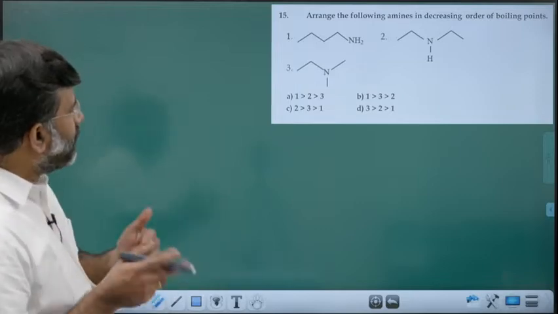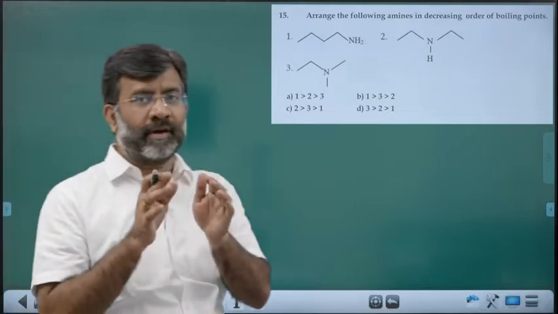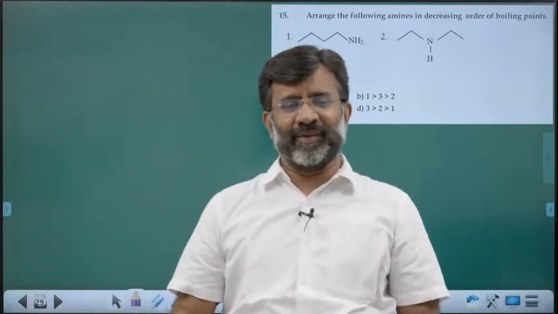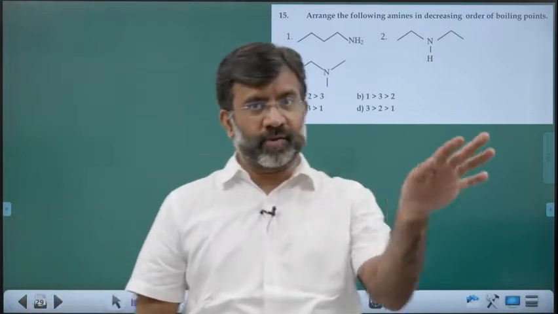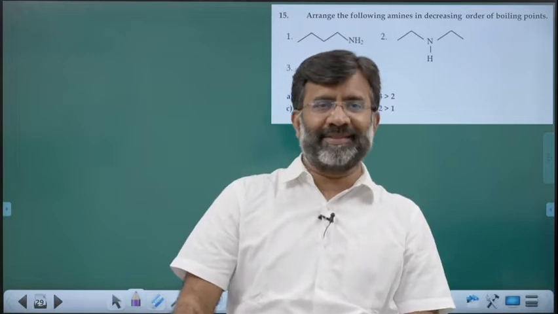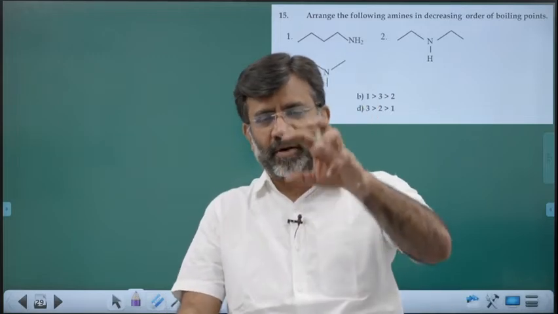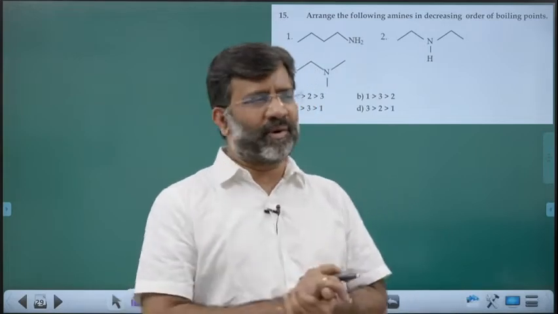Once again, the decreasing order of boiling point, but now it is different species. Not alcohol, amines only. How does the boiling point compare between primary, secondary, and tertiary amines? Very simple to understand.